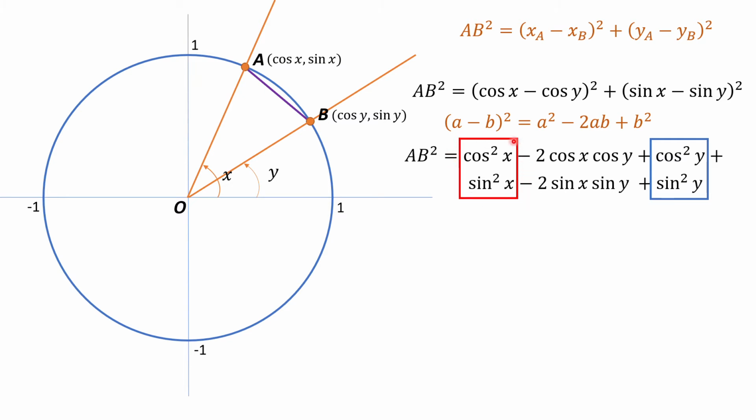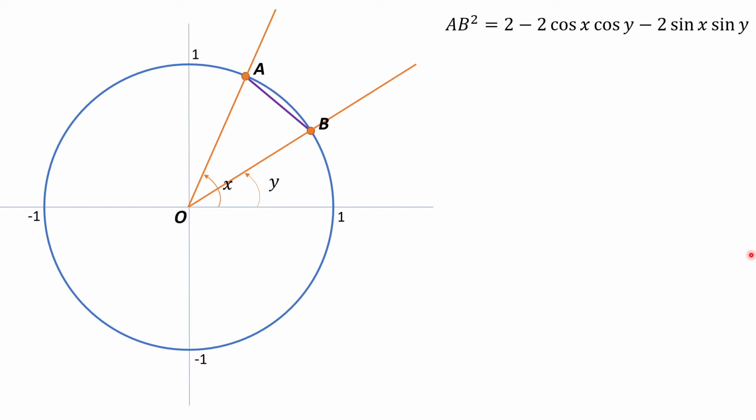That formula tells us that cosine square plus sine square equals 1. So there's 1 in the red rectangle and 1 in the blue rectangle. Our formula simplifies and becomes like this. Let's put it at the very top and look at our picture again.